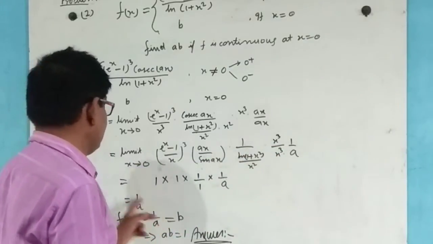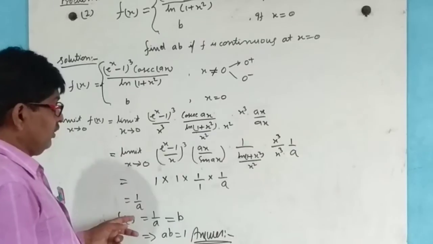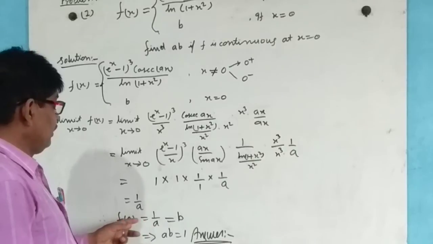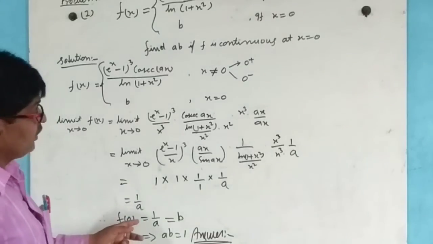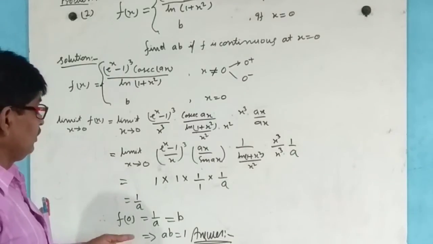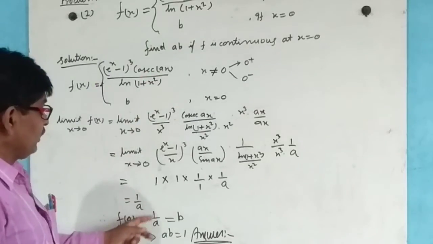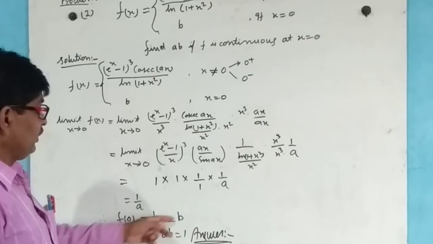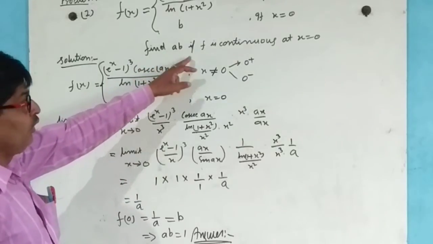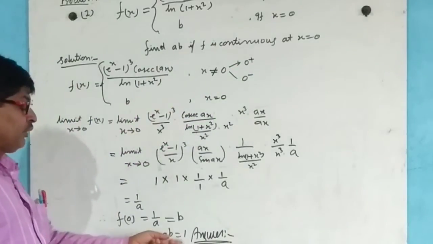So f(0) equals 1 by a, so f(0) equals f(0−) equals 1 by a, because f is continuous at x equal to 0, so f(0+) and f(0−) equal this, which is also b. So 1 by a equals b, therefore ab equals 1. Find ab if f is continuous at x equal to 0, so the value of ab equals 1.